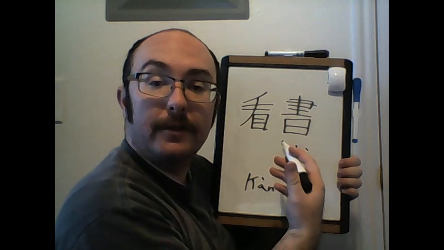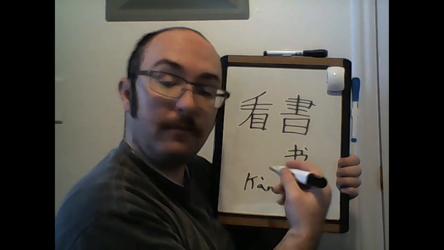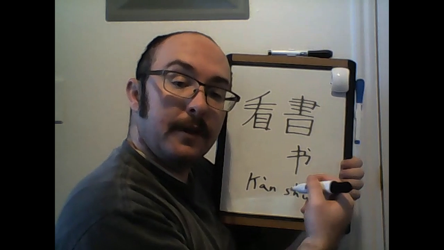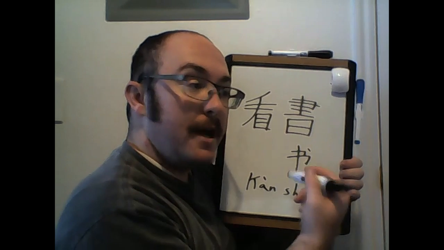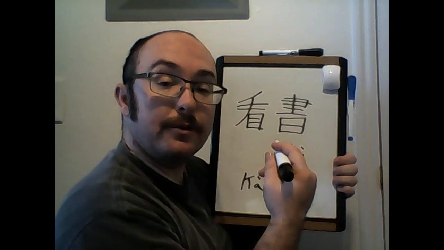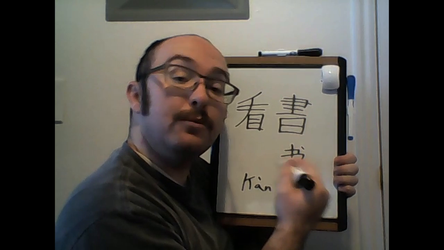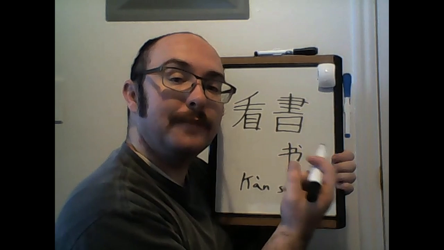This means to kind of casually read books. Kan shu. There's other words to read out loud, and there's a word to study a book. This is simply to read a book. 看书.